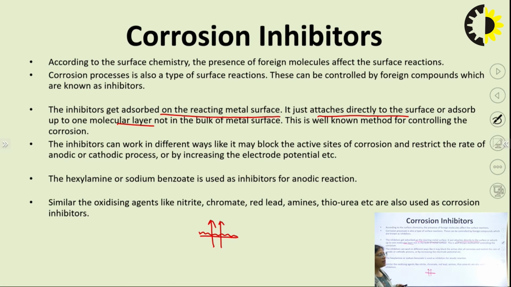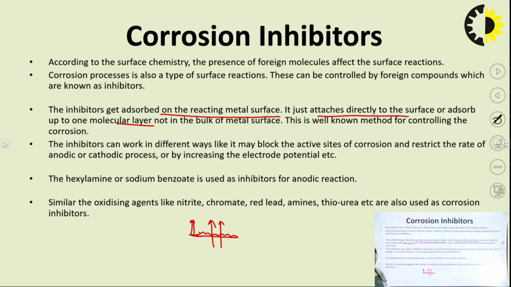These inhibitors can work in different manners. They may block the active sites of corrosion or they may restrict the rate of anodic or cathodic process. If you are going to cover the surface, the release of electrons is going to get reduced, thereby increasing the electrode potential.